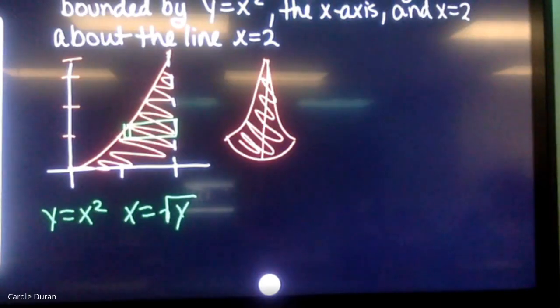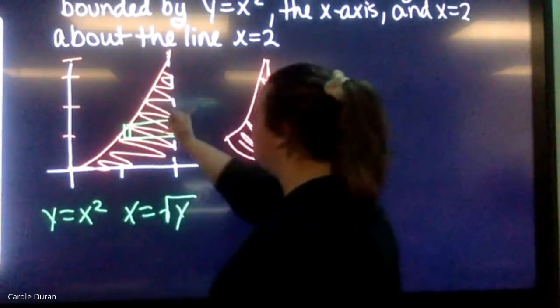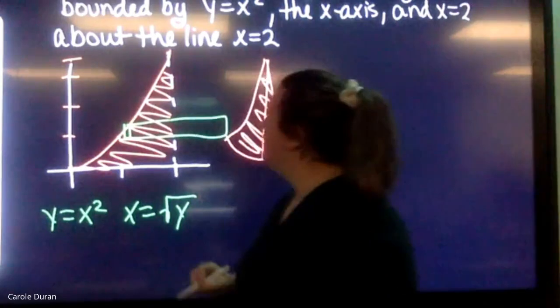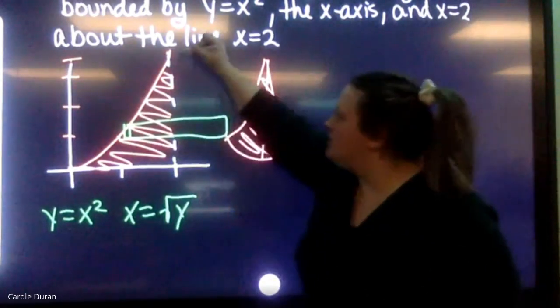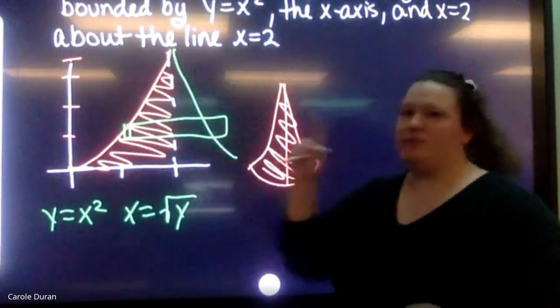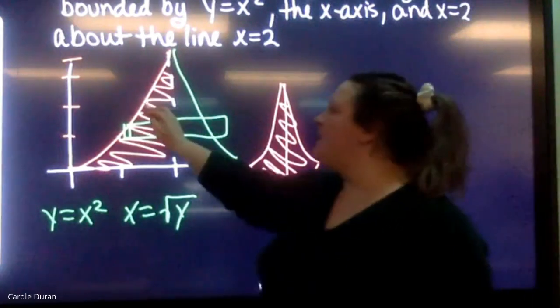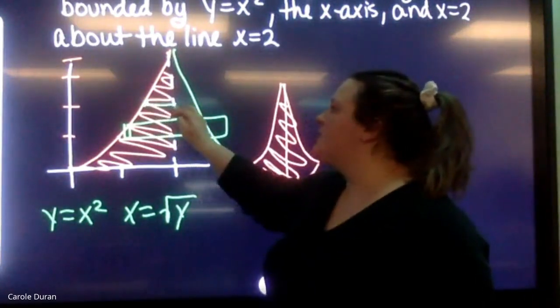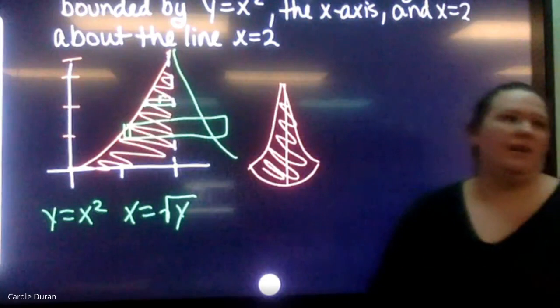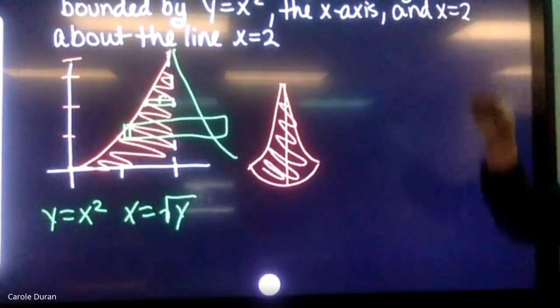So now here's the real question. If this is my cross section, actually it'd be like this, because it continues on over here technically after the rotation. My radius is this section right here, right, for any given y value.